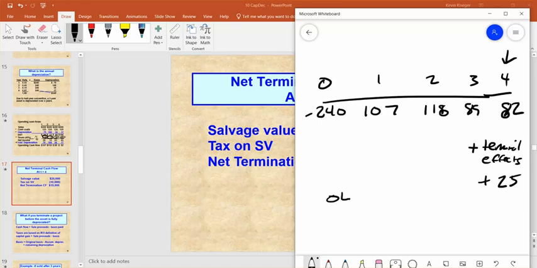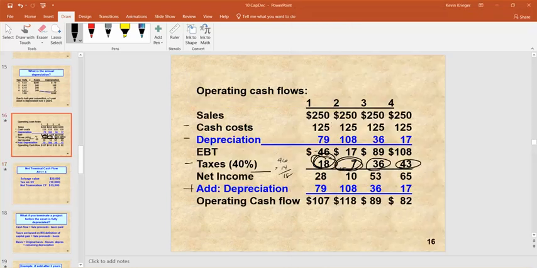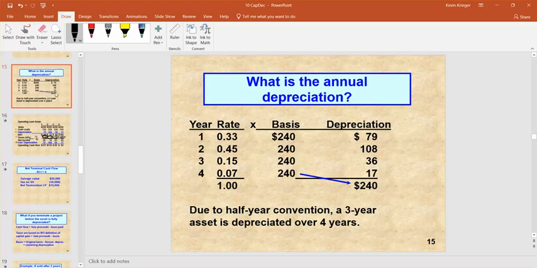We owe tax on any salvage value above the book value. Well, what's the book value of this asset now that we're at time 4, the terminal time? Nothing, right? The entire value of the asset's been depreciated away at times 1, 2, 3, and 4. Those blue numbers there, 79, 108, 36, 17, of course, all added up to 240. The 240 was actually split to give you those blue numbers.